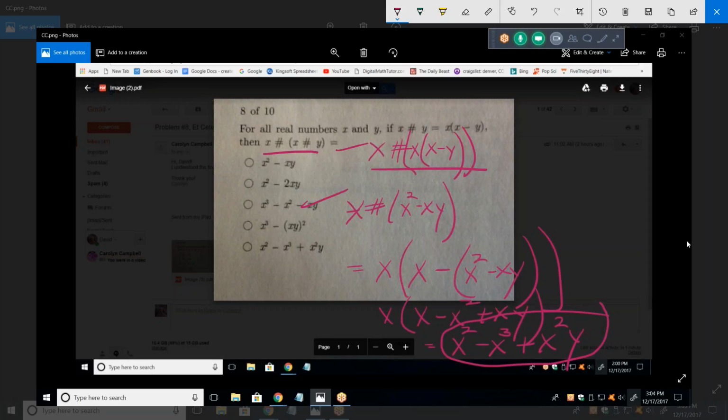So now we're taking x pound something that's on the right side. And according to that definition, the x, this thing on the left side, goes wherever we see x. And the y on the right side of the pound sign goes wherever we see y. Well, that's y, correct? Yes, that's y.